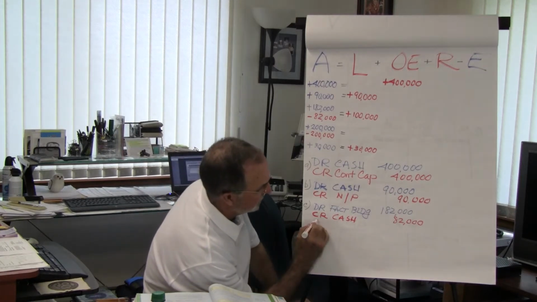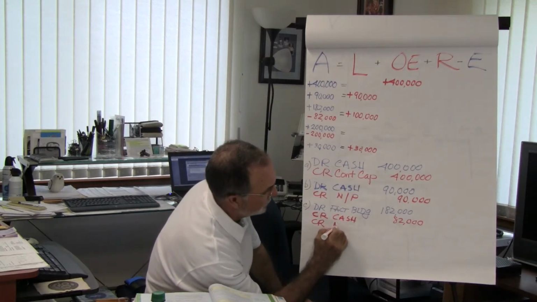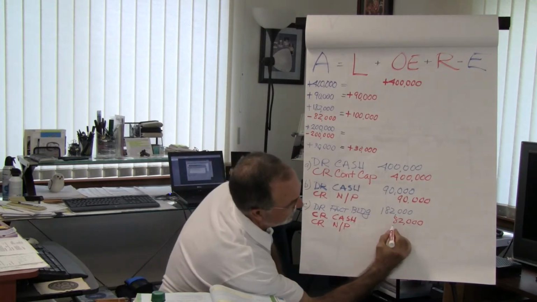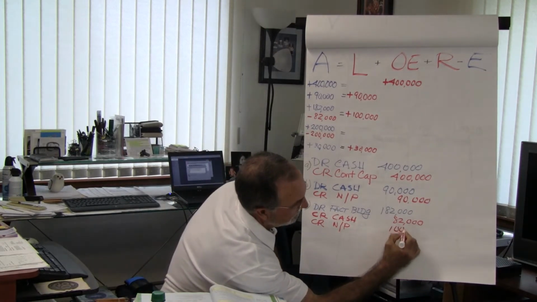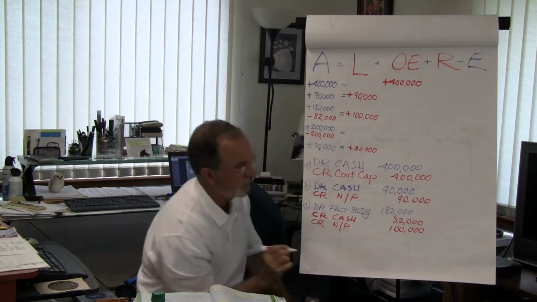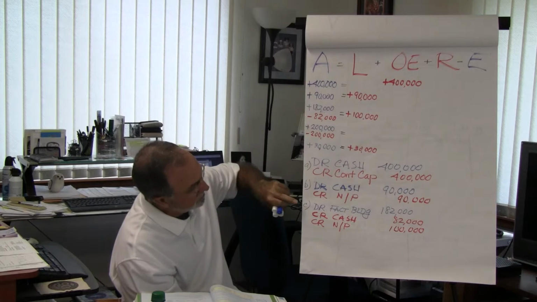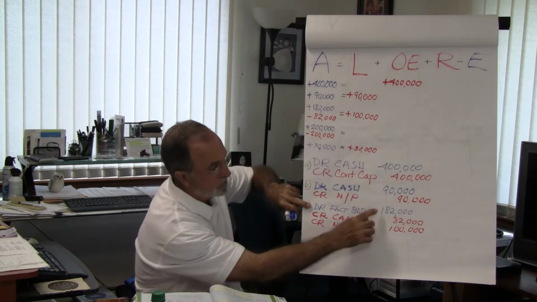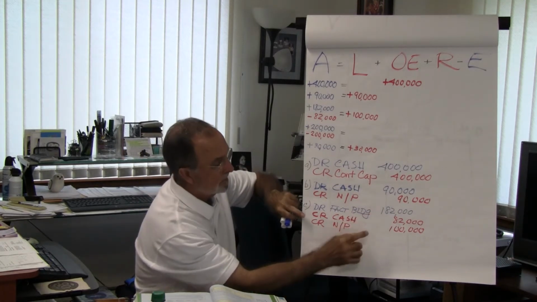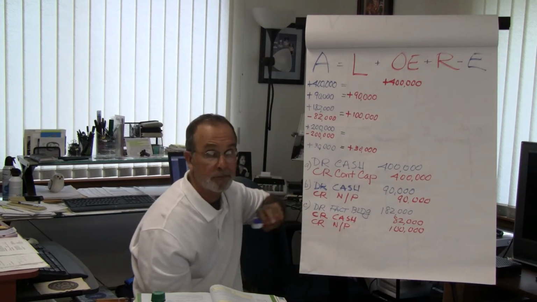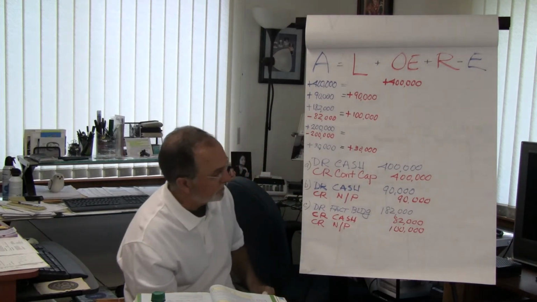So that is a liability which we will add to, credit notes payable in the amount of $100,000. Is that transaction in balance? Yes, it is. We have a debit of $182,000 and 2 credits, which together add up to $182,000. So we're in balance.